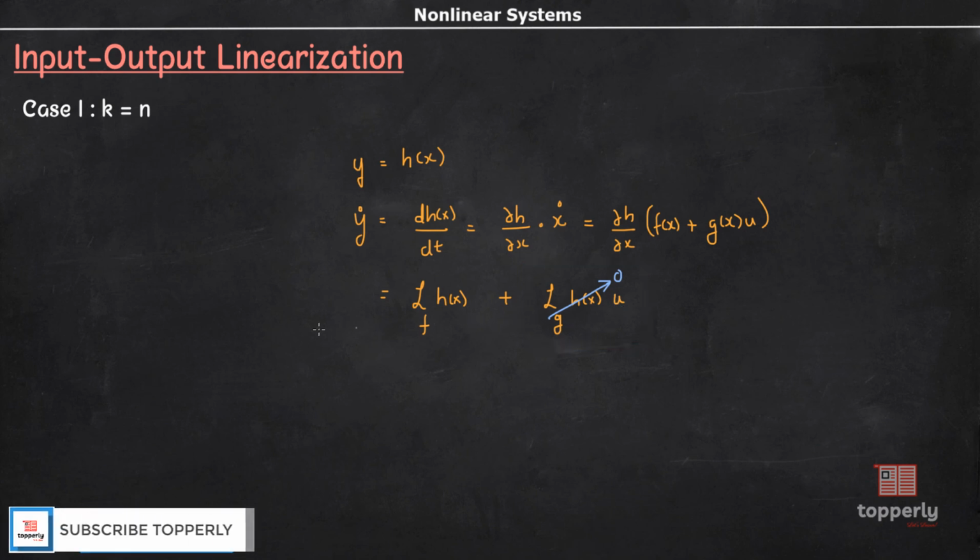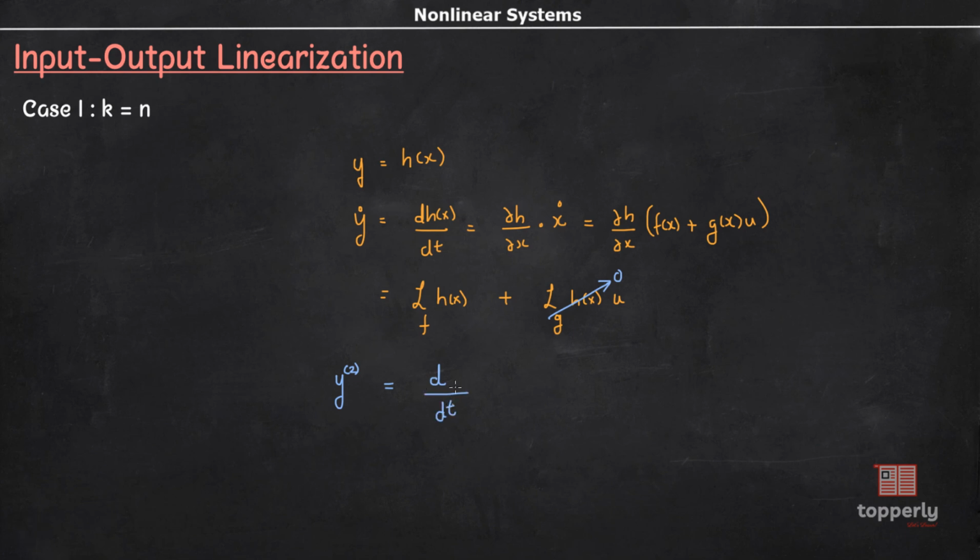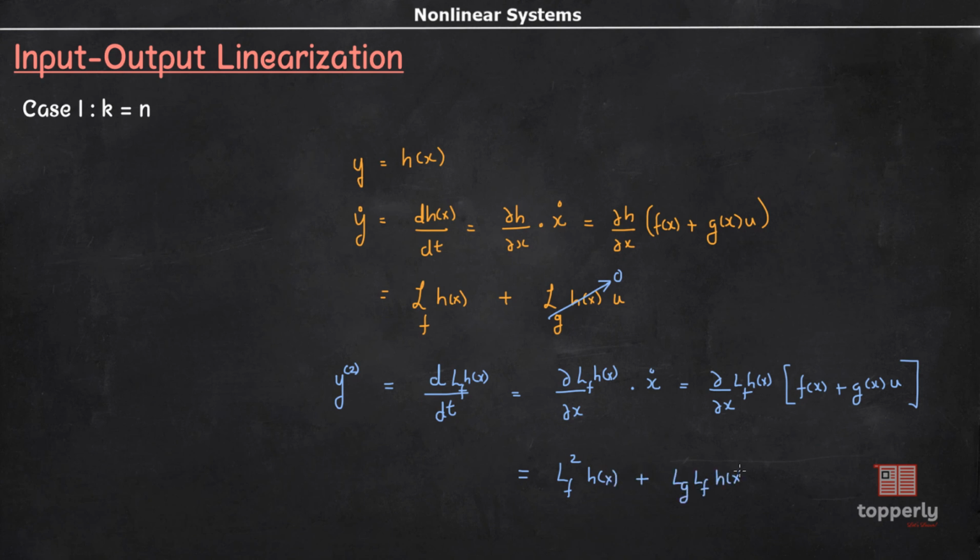If we continue to calculate the second derivative, y double dot, also I'm changing the notation, okay, it is equal to d by dt of Lie derivative of h of x with respect to f, which is dou by dou x of Lie derivative of h of x with respect to f into x dot, which will give us dou by dou x of Lie derivative of h of x with respect to f into f of x plus g of x into u, which is equal to Lf square of h of x plus Lg Lf h of x into u.